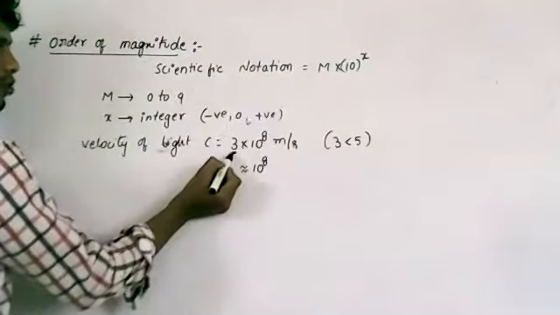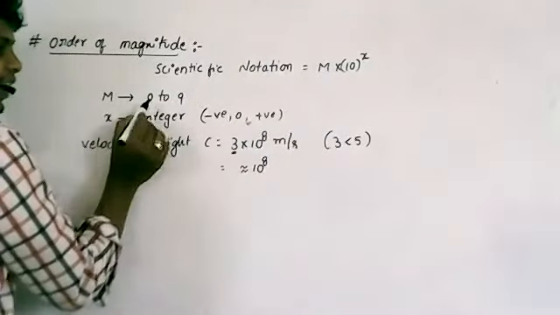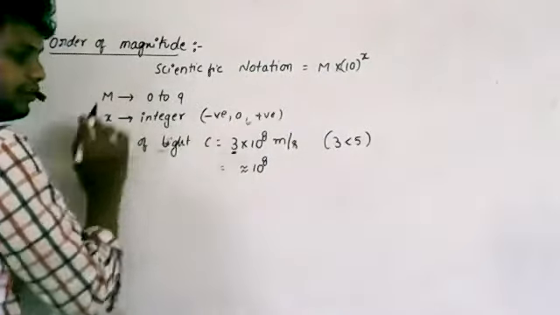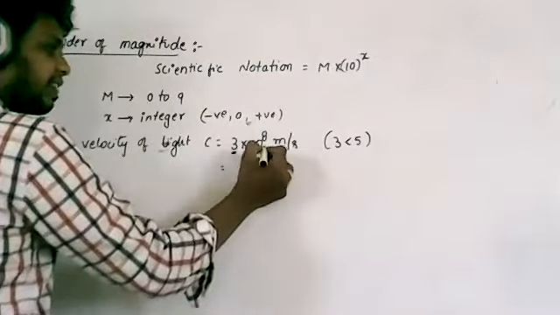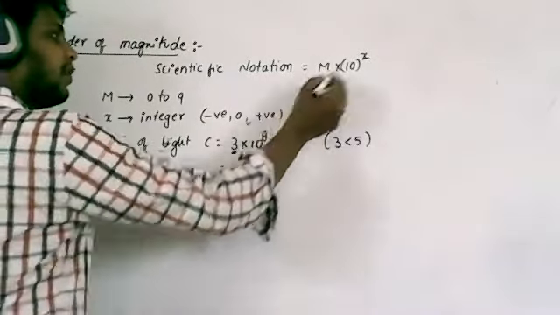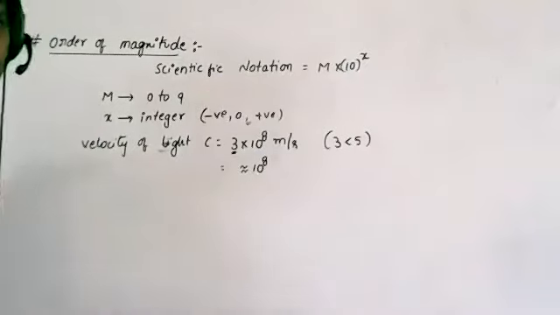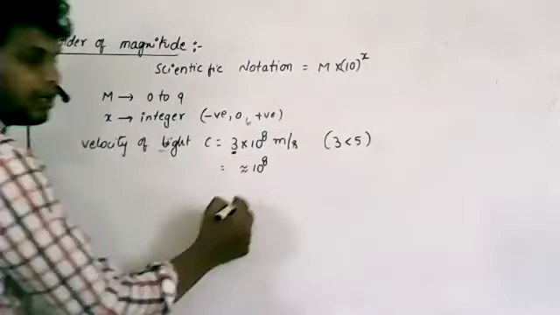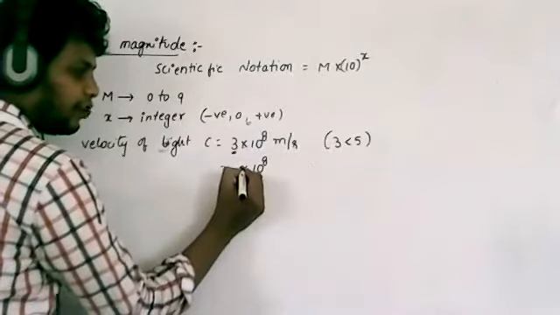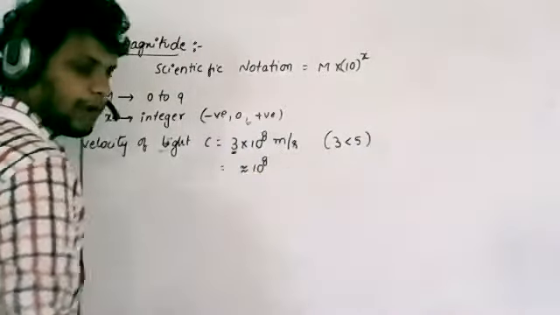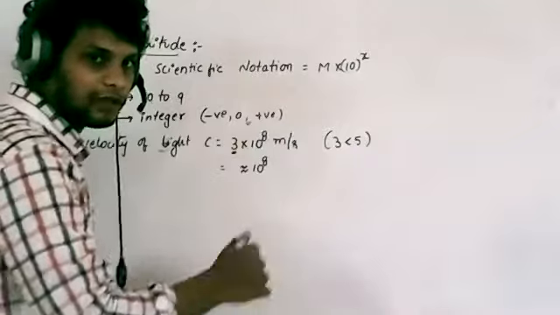Now, if you observe this notation, this is m. So m lies anywhere between 0 to 9. Clear? And this is x, a positive integer. Here it is a positive integer. Now remember, if the value is less than 5, you can approximately take it as in the order of 10 to the power of 8.